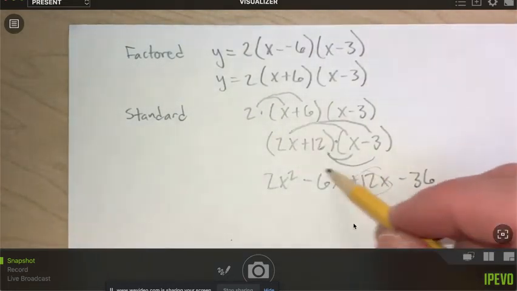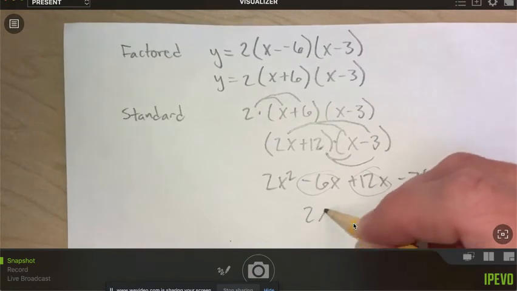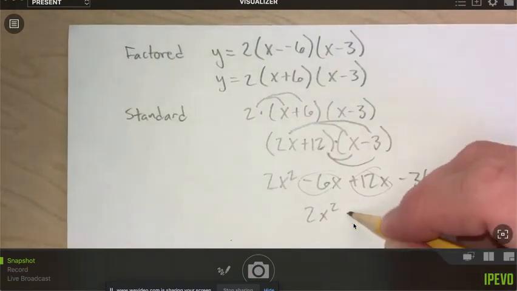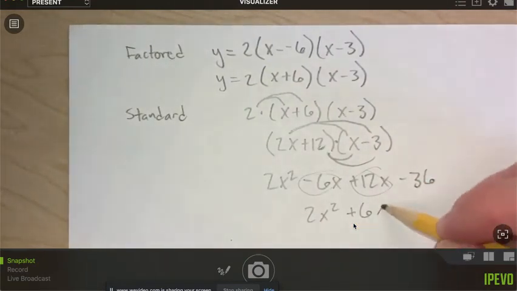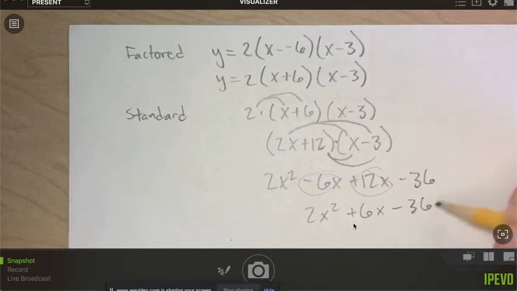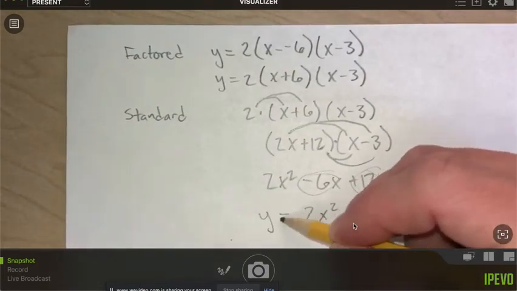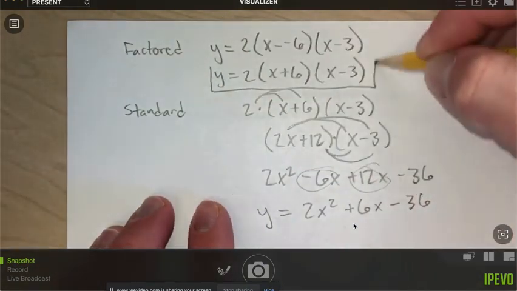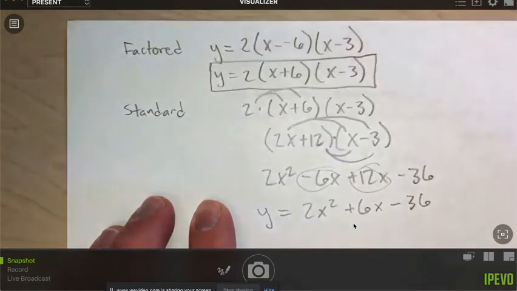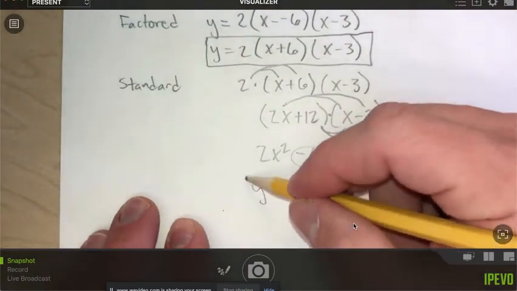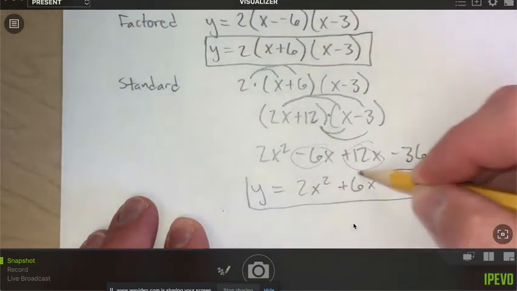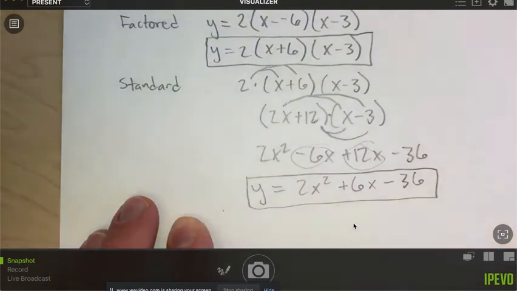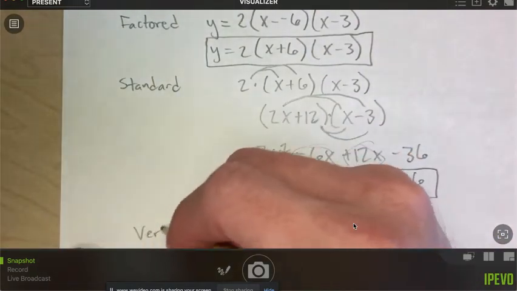And once again, 2 like terms. So I'll have 2x squared, negative 6x plus 12x is positive 6x. And now I have standard form. All right. And then finally, my third format is vertex form.